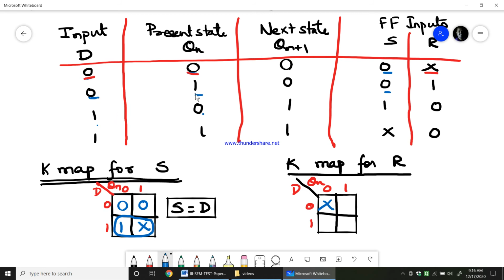For 0 1, R is 1. For 1 0, R is 0. Whereas for 1 1, R is 0. Now when I group, these two will be grouped. Therefore this gives me R equal to D bar, since Qn again gets cancelled.